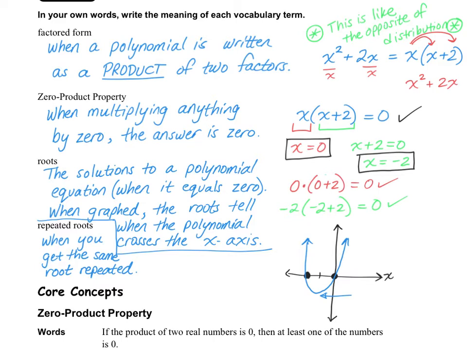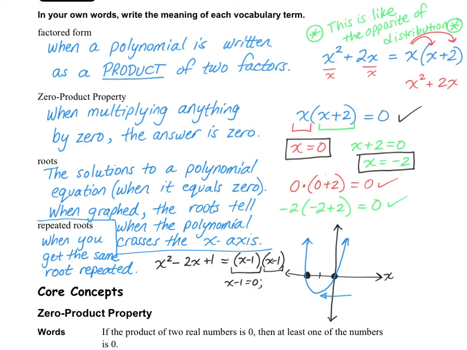So, for example, if I gave you x squared minus 2x plus 1, and you don't know how to factor this yet, but I'm going to factor it for you, this would factor to x minus 1 twice. So that means if we were to find the roots on this, we would take only one of these, x minus 1 equal to 0, because the other one is repeated.